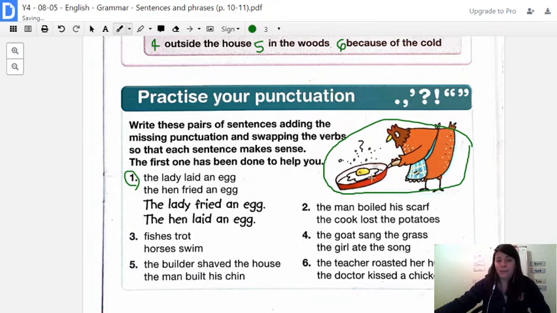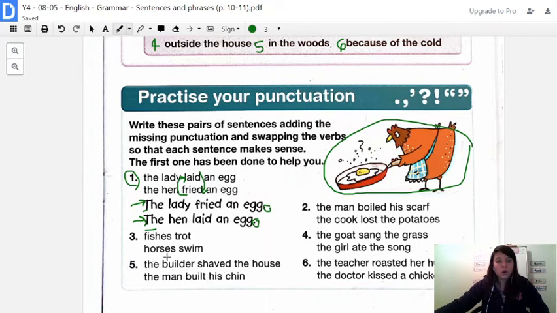Now, that doesn't make sense. So what you should do is rewrite the sentences so that you capitalize the first letter: The lady fried an egg. So you had to swap. You put laid where fried is and fried where laid is, because ladies don't lay eggs and hens don't fry eggs. And the hen laid an egg. You see how it begins with a capital letter and it has a period at the end, so I expect that you do the same.